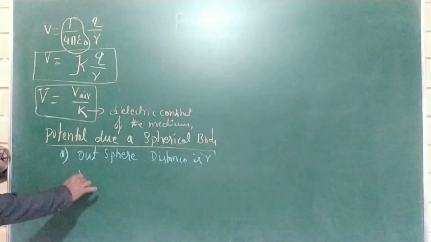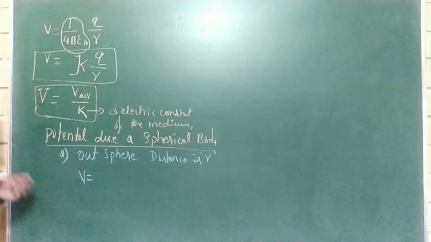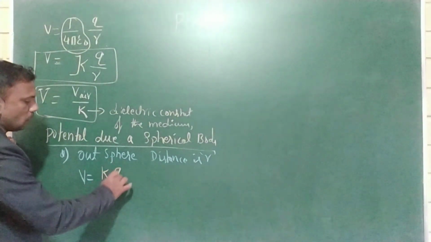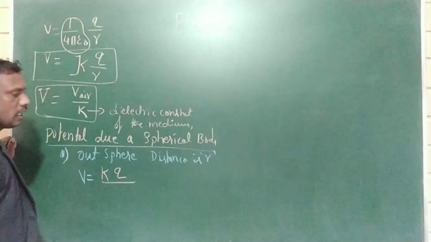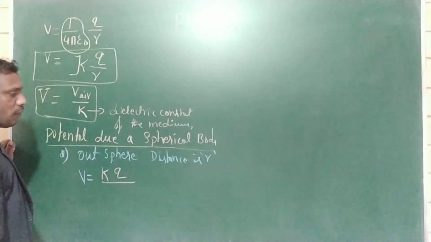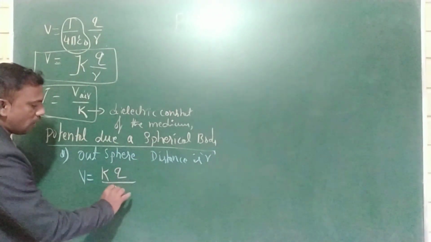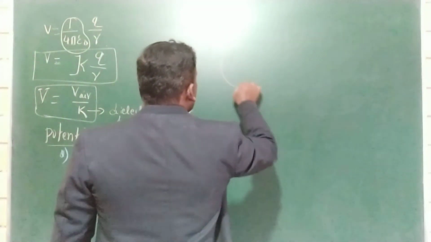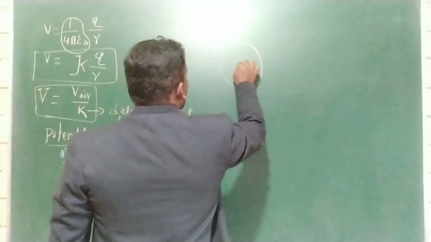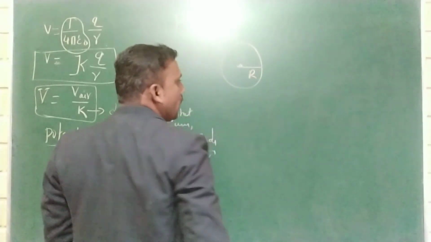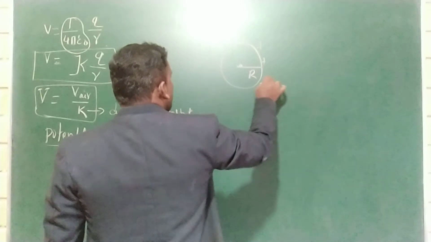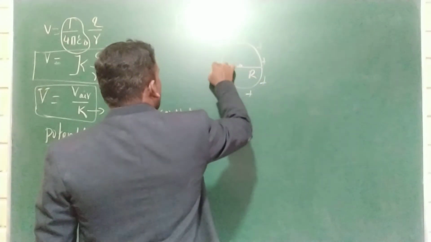Therefore, the electrostatic potential V is equal to K times Q divided by small r, instead of capital R. Here, this is a spherical conductor of radius R. The charges are placed on the surface of the conductor.